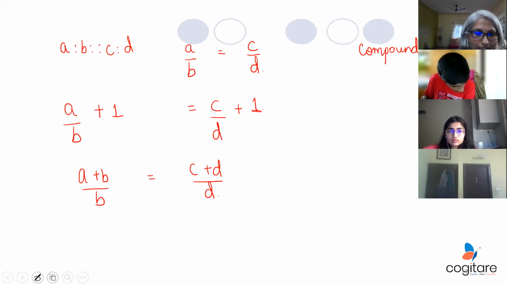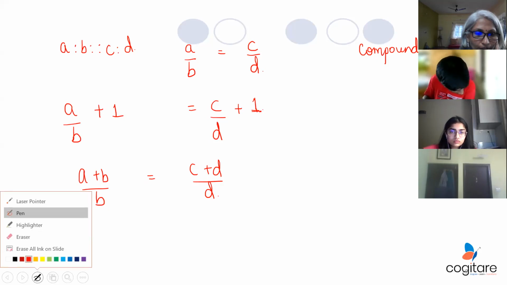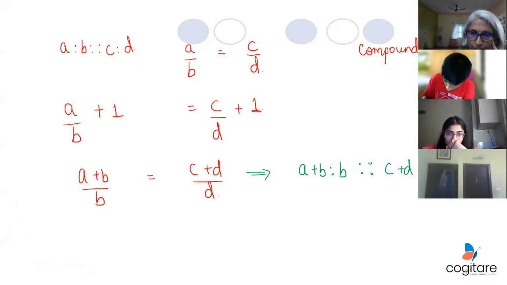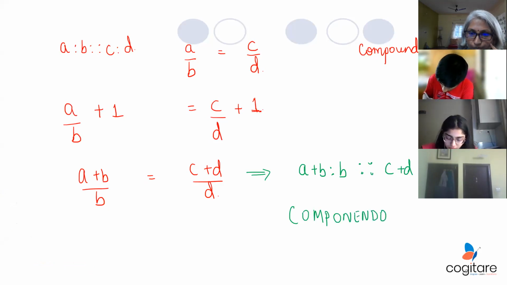I can write this as A plus B is to B is as C plus D is to D. This is called componendo, because I'm adding.